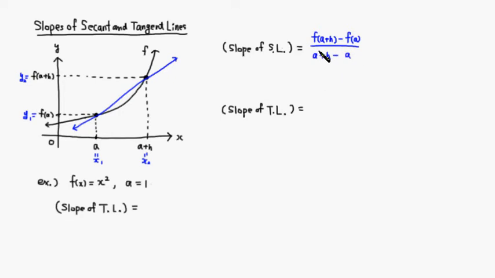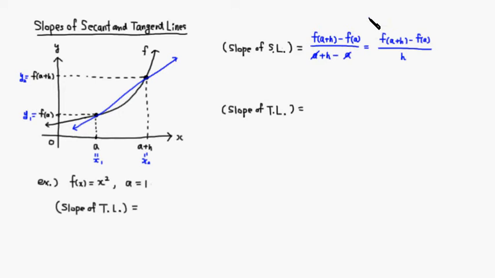So we can cancel a's and a's. What you get is f of a plus h minus f of a, over h. And we've seen this expression before.